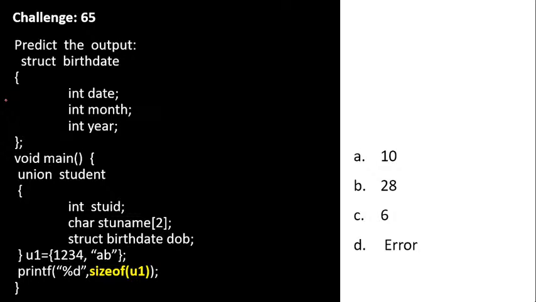What is the output of this program? So it's a structure with the name, date, month and year.